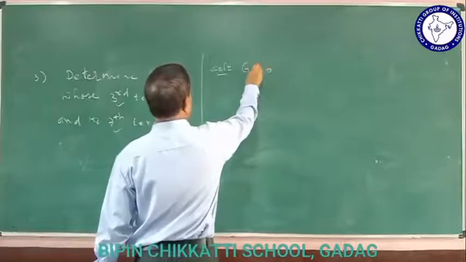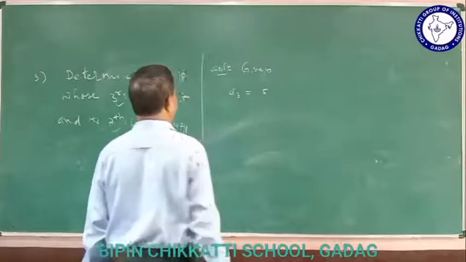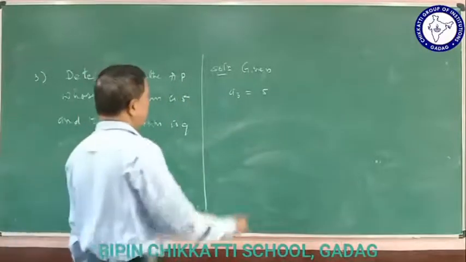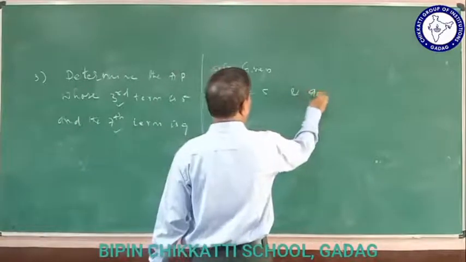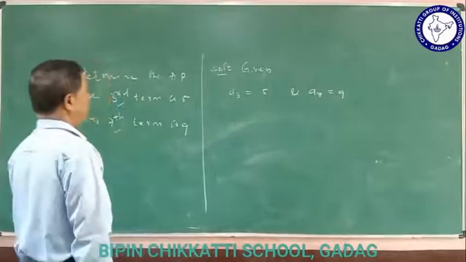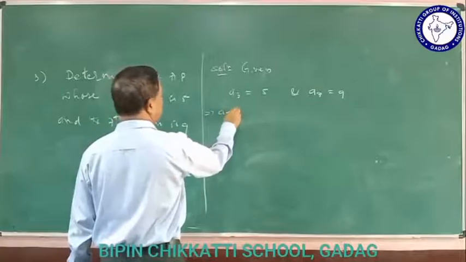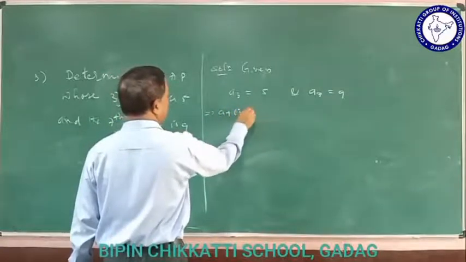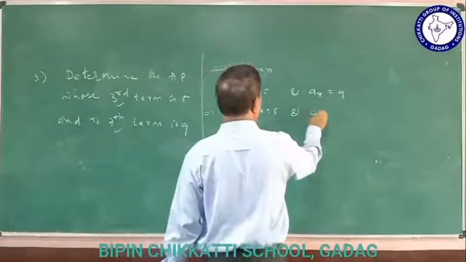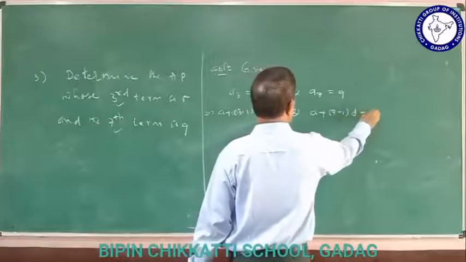A3 is given. A3 is how much? 5. A3 is 5, and A7 is 9. So according to the formula, A plus third term means 3 minus 1 into D is equal to 5, and A plus 7 minus 1 into D is equal to 9.